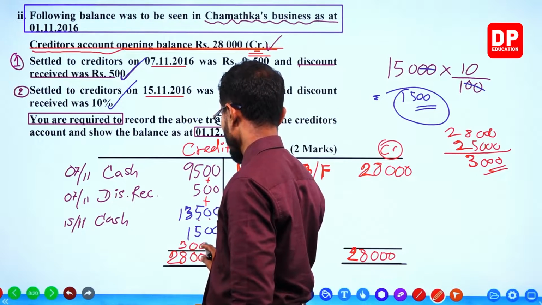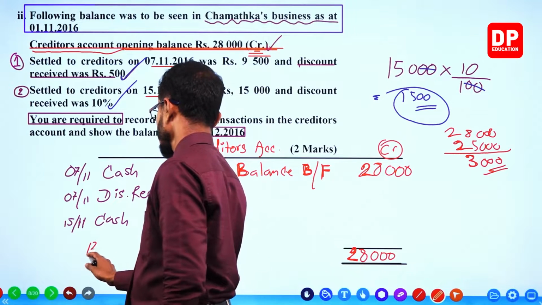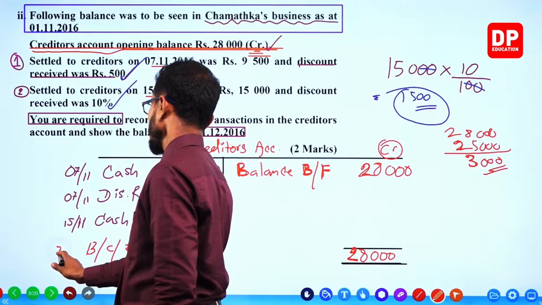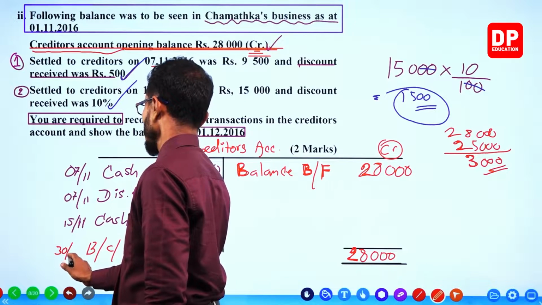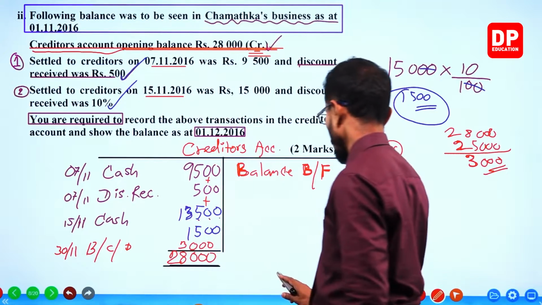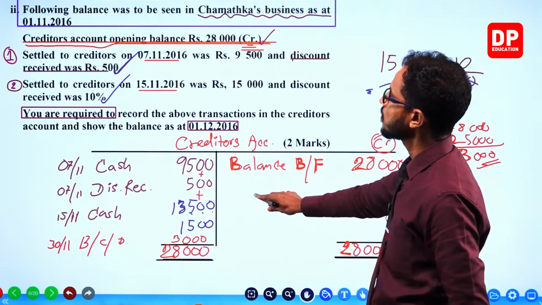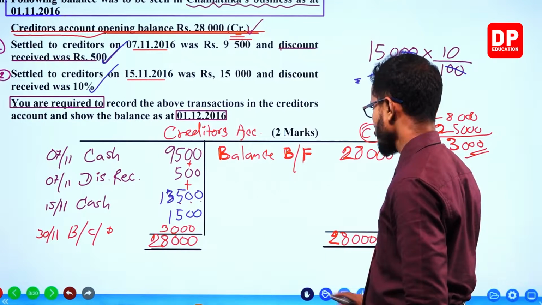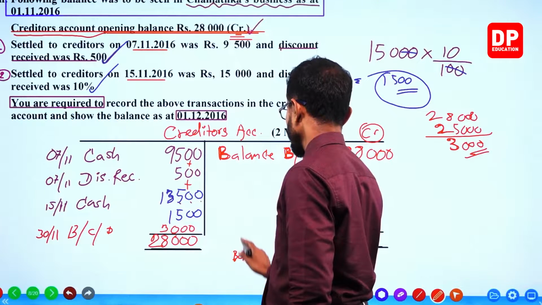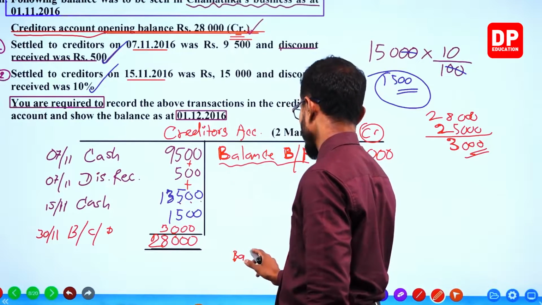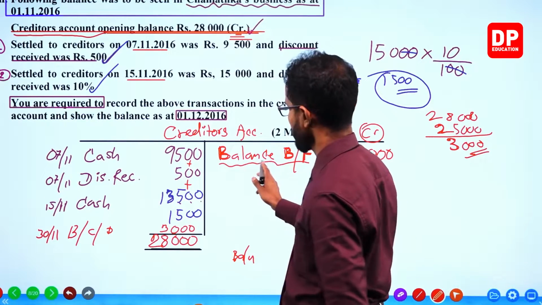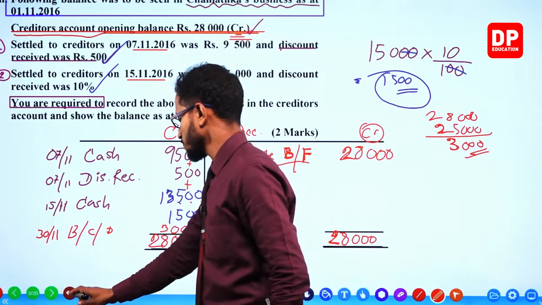3,000 is the balance carried down on 30th. Balance carried down should be brought down to the credit side, just like the opening balance.